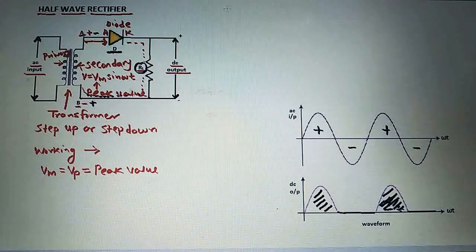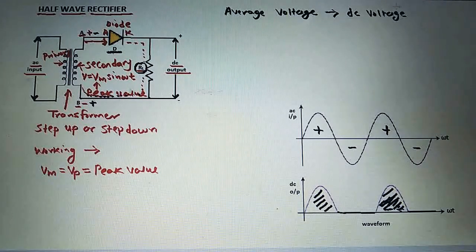Next is the average voltage, and this average voltage is also called the DC voltage, because it is the DC output across the load resistance RL. So this is called the average voltage as well as the DC voltage, and it is denoted by VDC here.